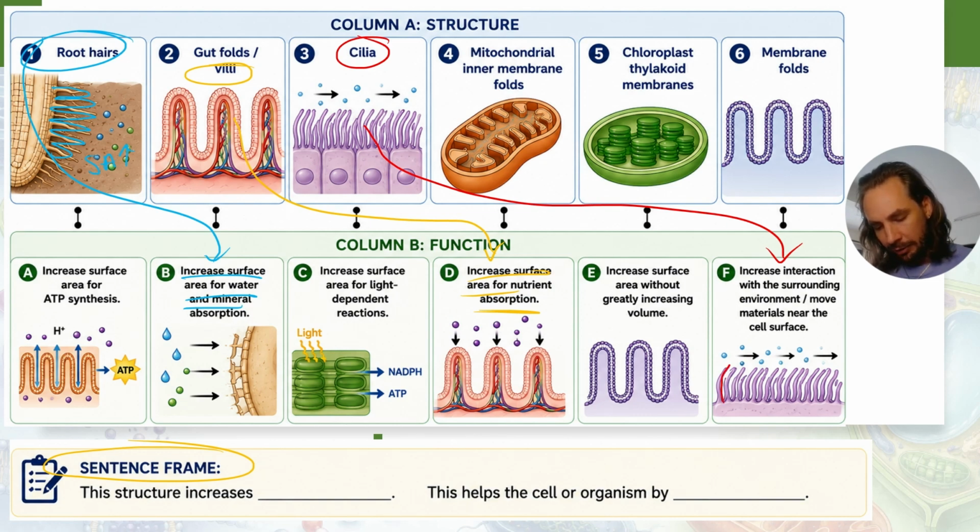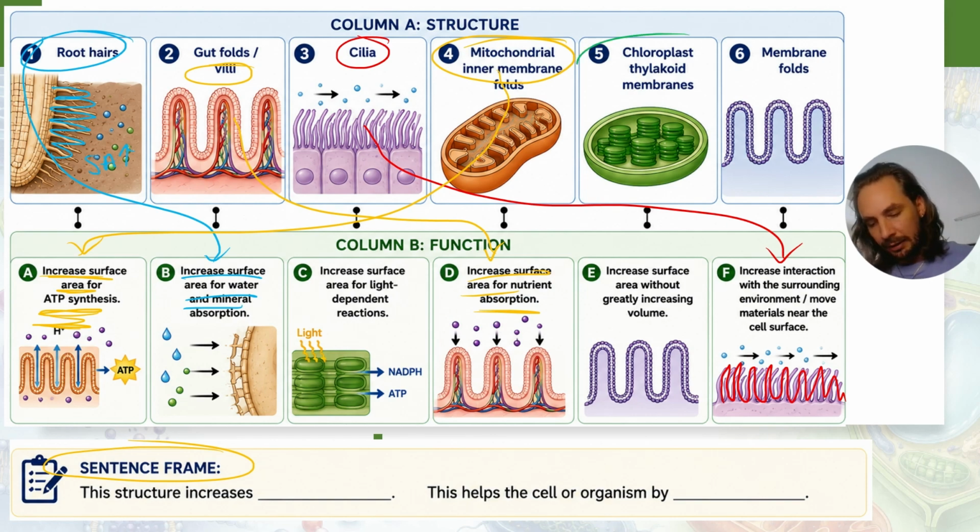So it increases the surface area for interaction with the environment. Then we have the mitochondrial inner membrane folds, and ultimately this increases the surface area for ATP synthesis: more surface area, more ATP synthesis.